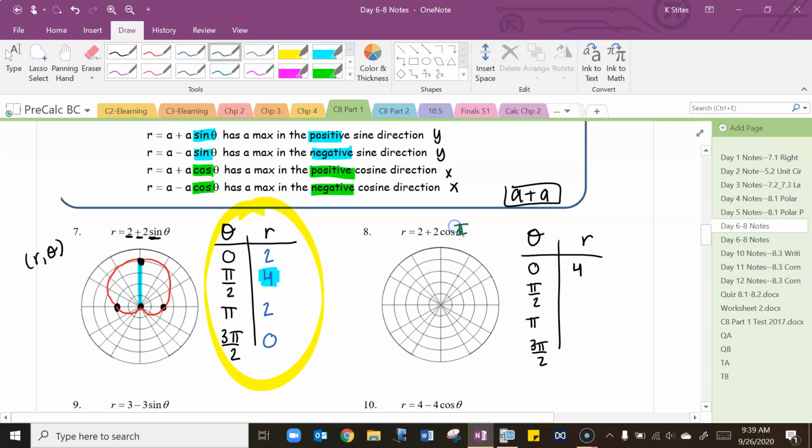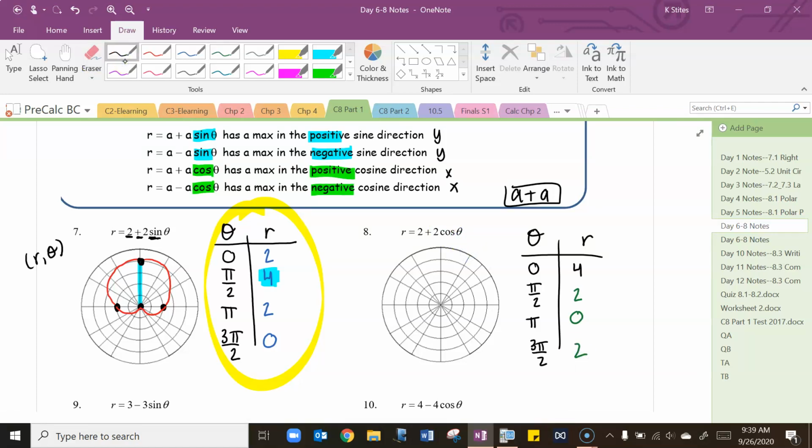Cosine of pi over 2, that's straight up, it's 0, so just 2. Cosine of pi, that's negative 1, so we have a 2 plus negative 2, 0. Cosine of 3 pi over 2 is 0, so 2 plus 0 is 2.